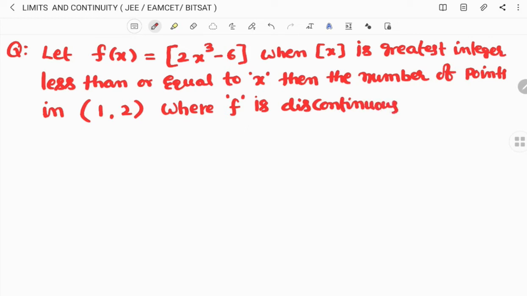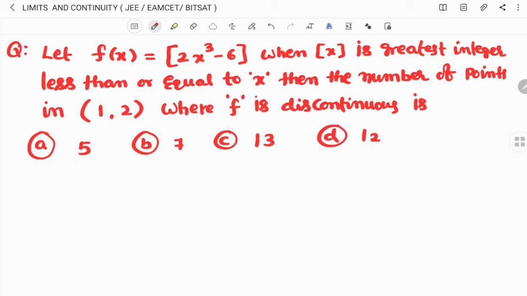The first option is 5, the second option 7, the third option 13, the fourth option 12.